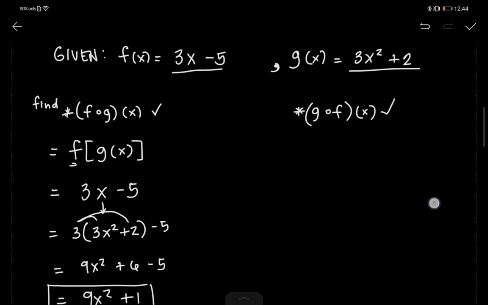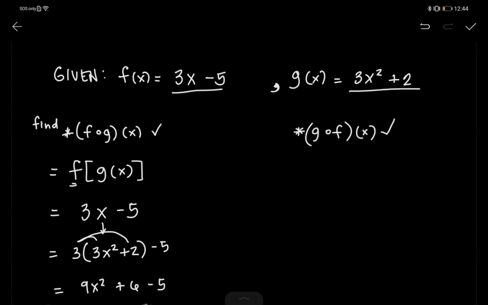Next, we have here g composite of f of x. So it means that our inside function is the f of x, and the value of x in our g of x is the value of our f of x. So we can express this as g composite of f of x.